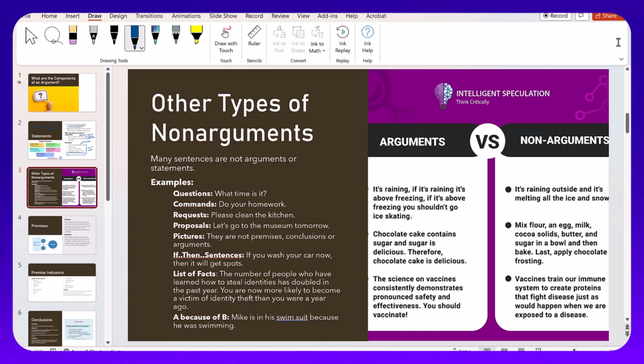realize, as I was mentioning, that just because something might look like an argument doesn't mean that it is. And again, there's a variety of these, some more obvious than others. So if we look at pictures, for example, there's no premise, conclusion, or argument in a picture or a movie, right?